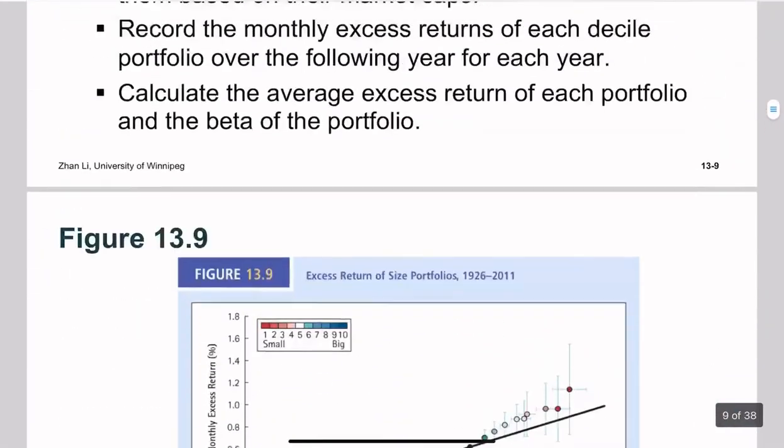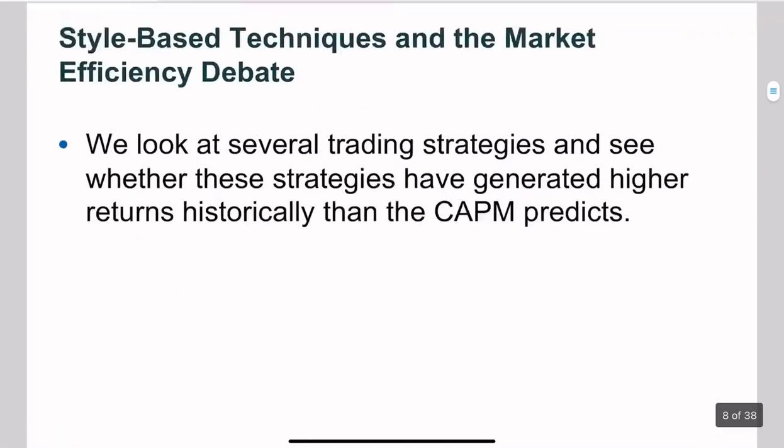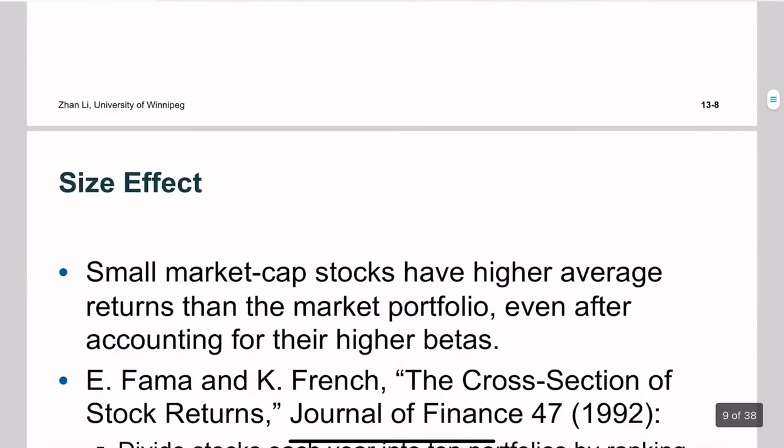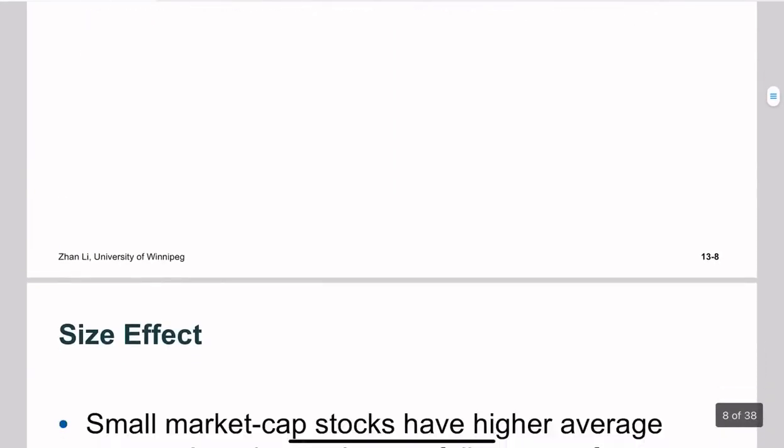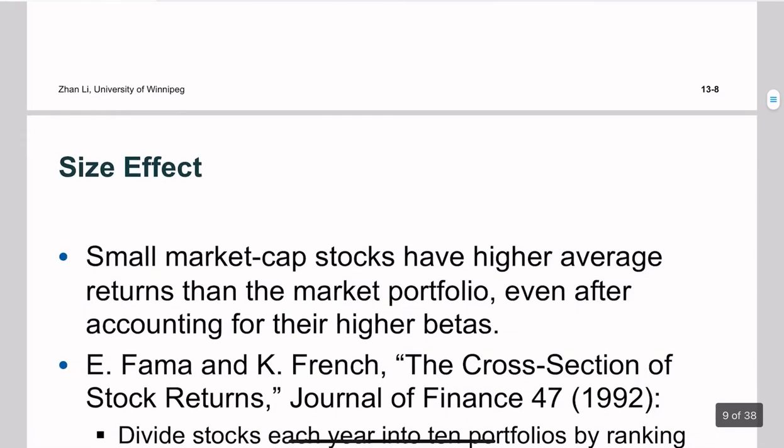And these are actually quite famous results. If you're taking an investment class, then these results are actually quite important because they're really about these modern ways of design portfolios. So the first one is called size effect.